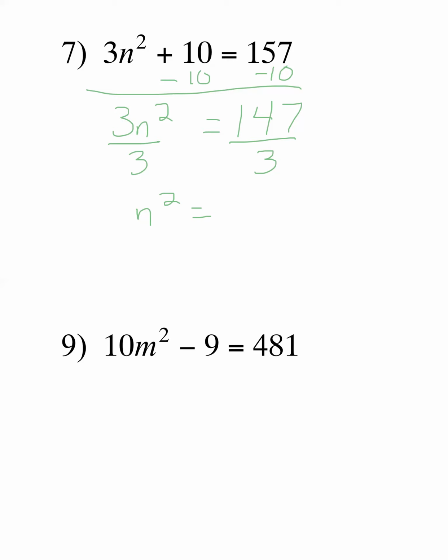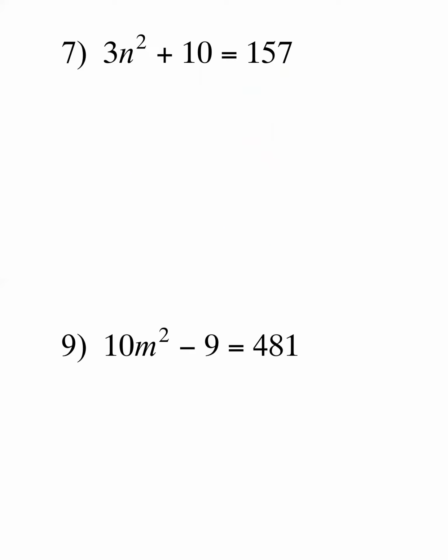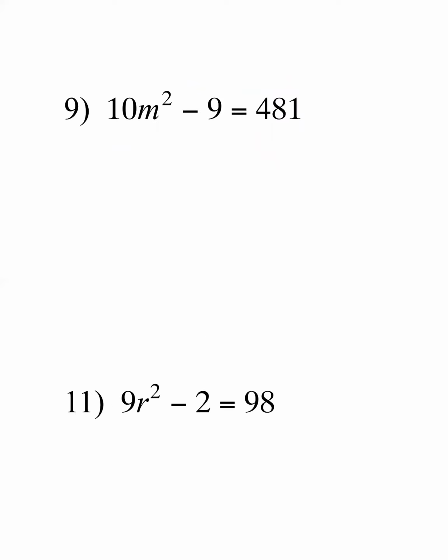It is 49. Okay, and now I can just come on in and square root both sides, and n equals positive and negative 7. All right, getting the hang of this? Let's try one more together, and then I'll let you do the rest on your own.